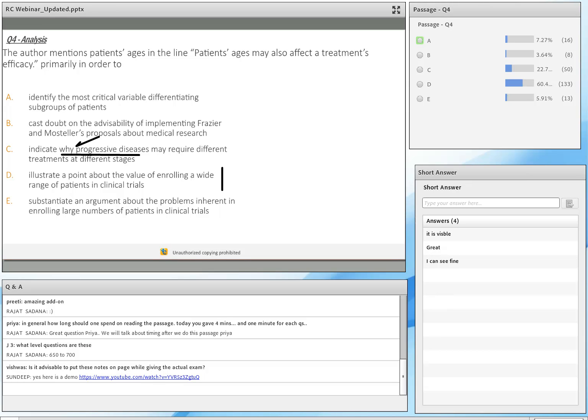That aspect is not mentioned at all. It's absolutely wrong. If you're thinking that, then you're inferring incorrectly. And the author is just saying, hey, progressive diseases may require different treatments, not in this context, but in another context. But even in the context that he says, he doesn't really say why that's the case.